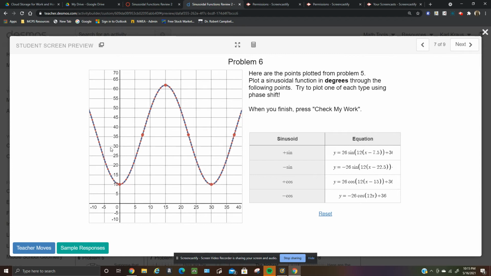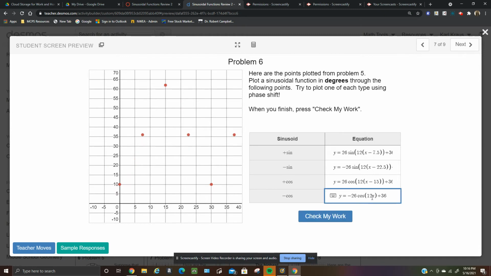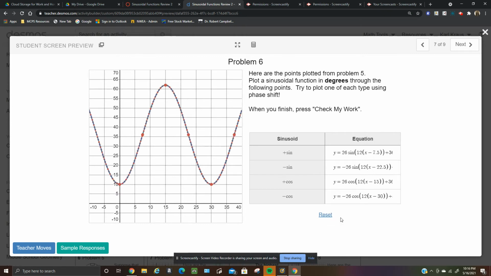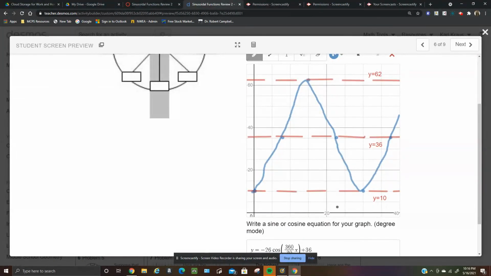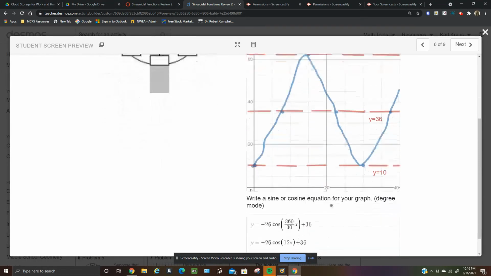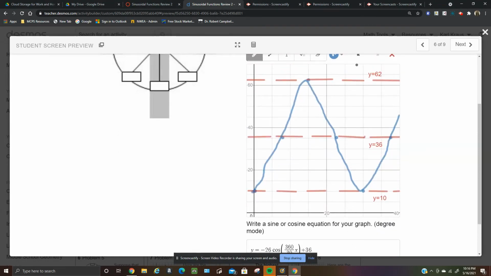If I wanted to do a phase shift on negative cosine, then I could start right here at 30. I could do x minus 30 here. And by the way, this should be labeled time in seconds.